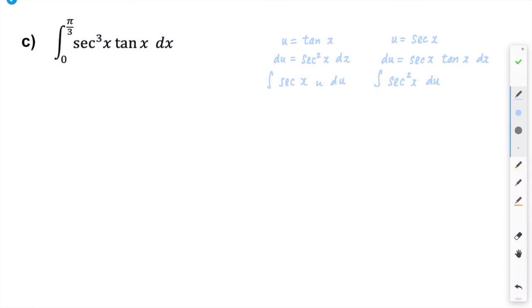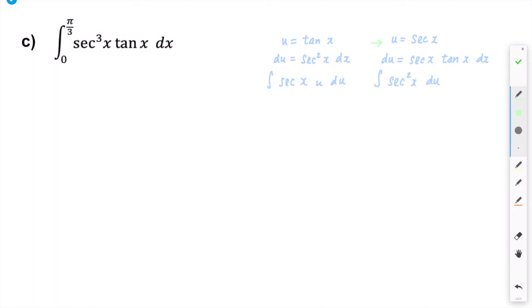Well, at least I know how to integrate the square of secant x. But it's in terms of du, so I shouldn't have an x in there. What can we replace that with? Well, don't forget, secant is u.